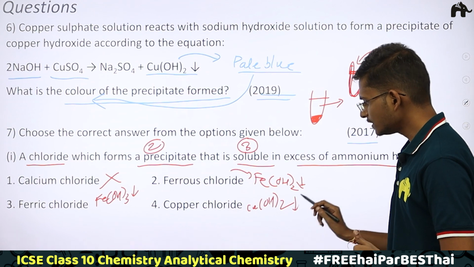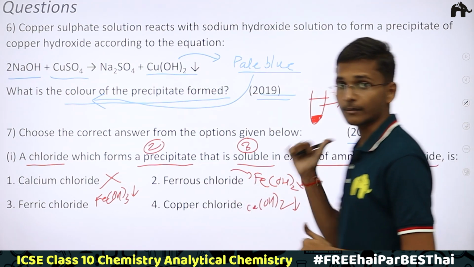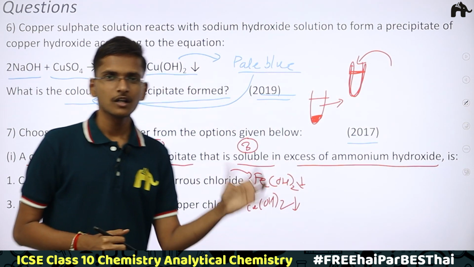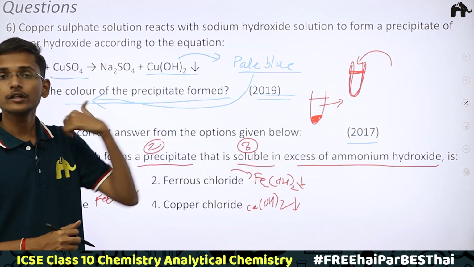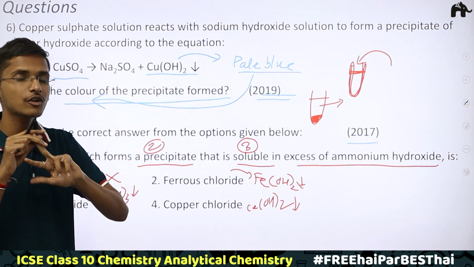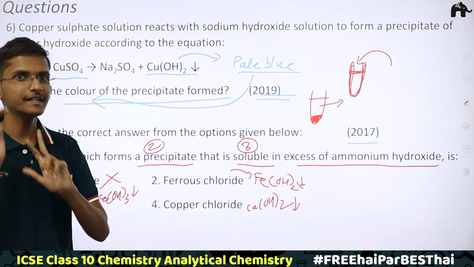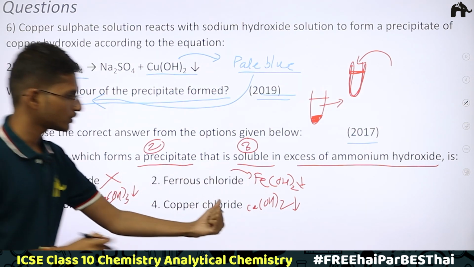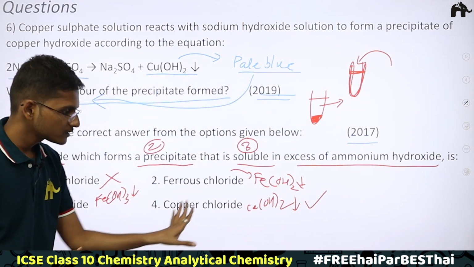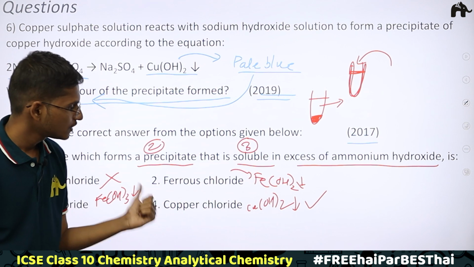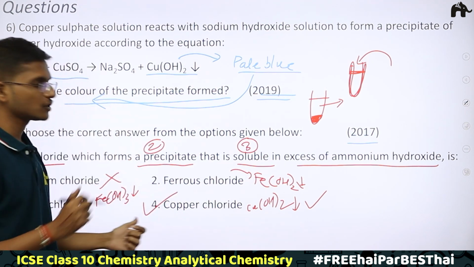Now out of these 3, which precipitate is soluble in excess of ammonium hydroxide? Try to remember: when we add excess of ammonium hydroxide, only zinc hydroxide and copper hydroxide precipitates are soluble. So out of these 3, only this one is soluble, and it is formed by the copper chloride solution. So our right answer is copper chloride.